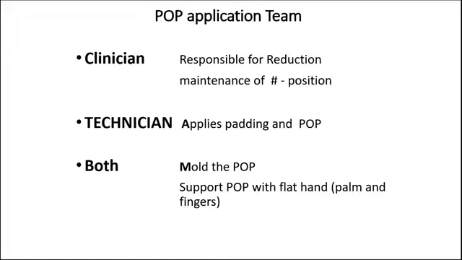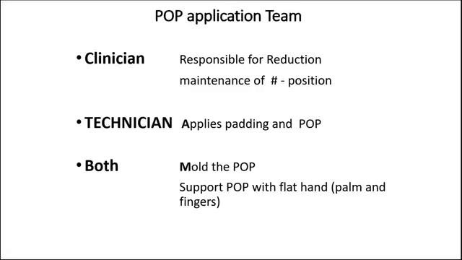So the role of the clinician is reduction of the fracture and maintaining the reduction in a safe position. The technician then applies the padding and applies the POP, while the clinician is maintaining the reduction and a safe limb joint position.